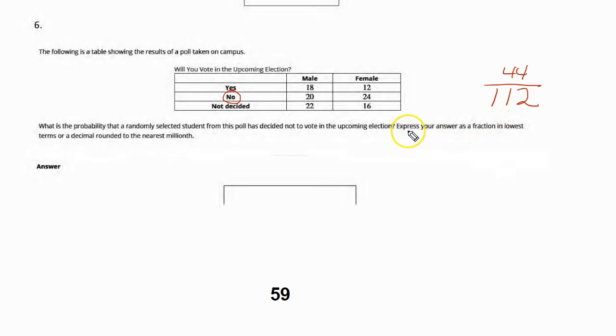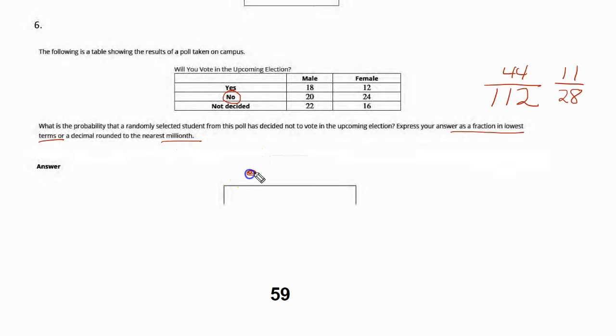Now here they are asking that you express your fraction in lowest terms. So we can take a 4 out of there, which would be 11, and we could take a 4 out of there, which is 28. So that would be an acceptable answer, or a decimal rounded to the nearest millionth.